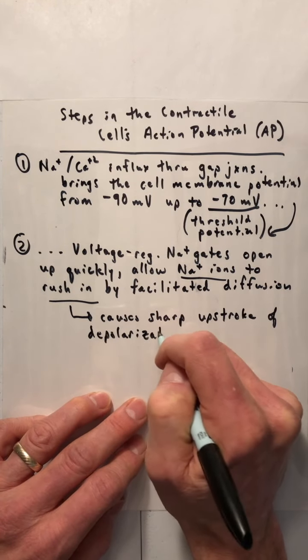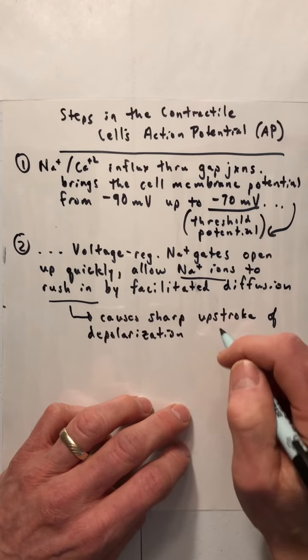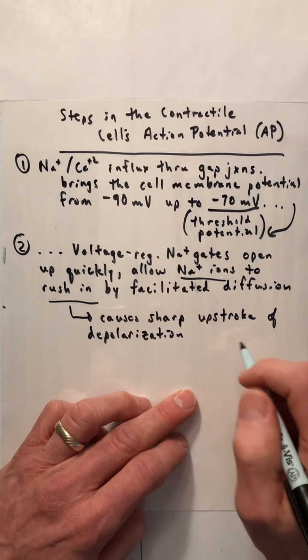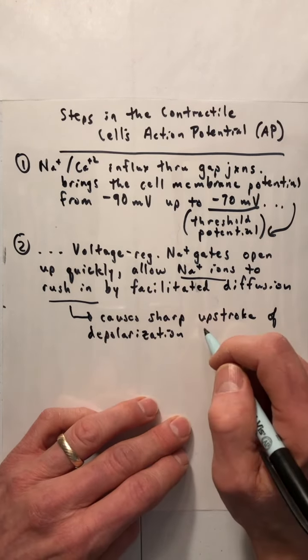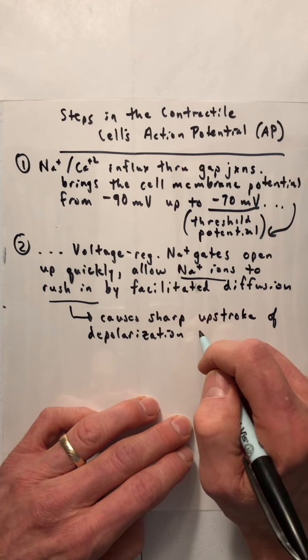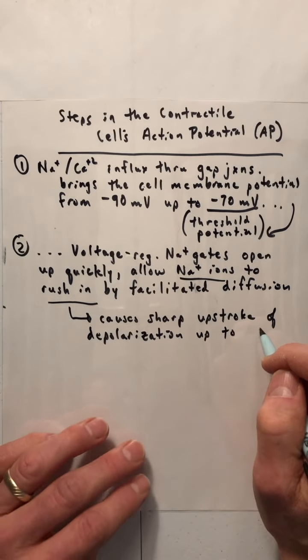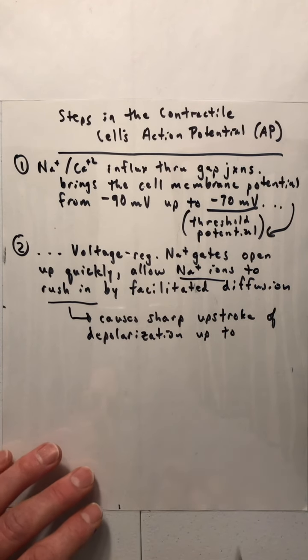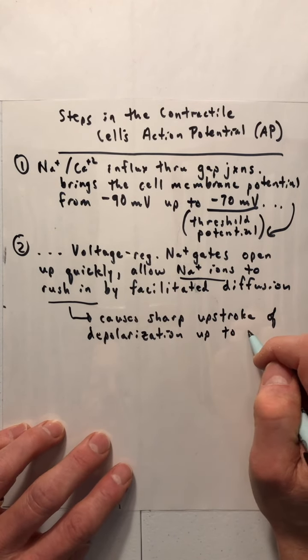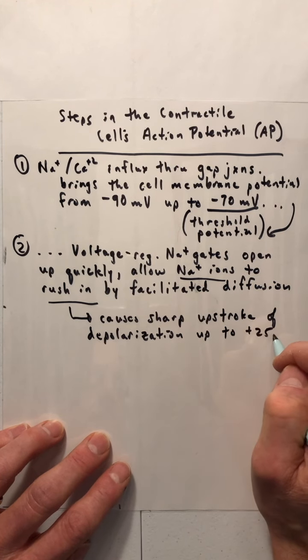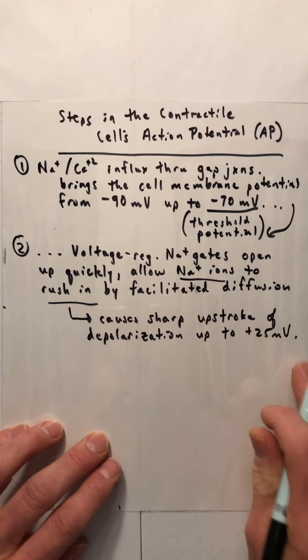And that sharp upstroke of depolarization brings the cell membrane potential up to 0 and even beyond, up to about plus 25 millivolts. The numbers vary from cell to cell, but approximately up to about plus 25 millivolts. All right?